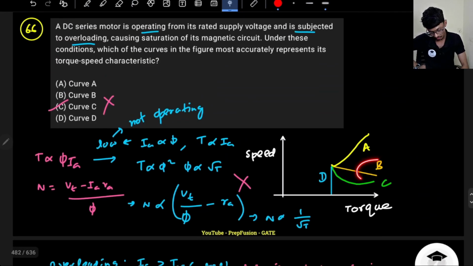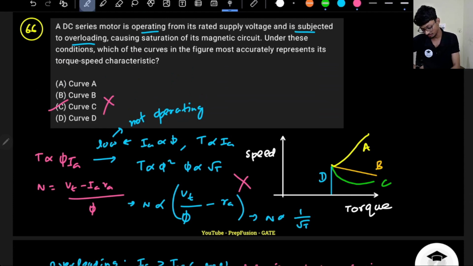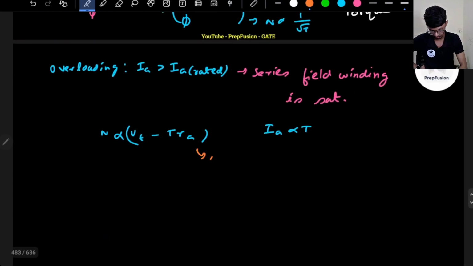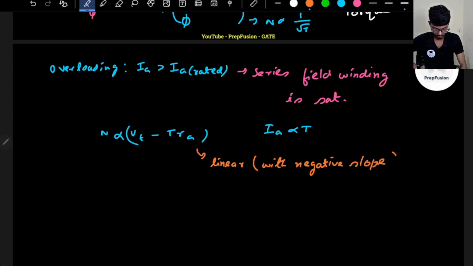Only option B has a linear relationship with negative slope, so option B will be correct and not C. Just be careful here.